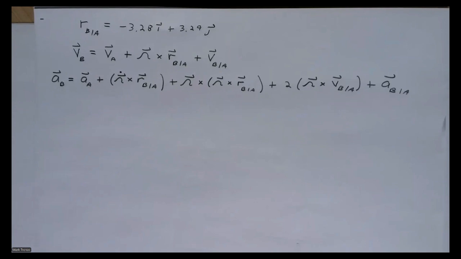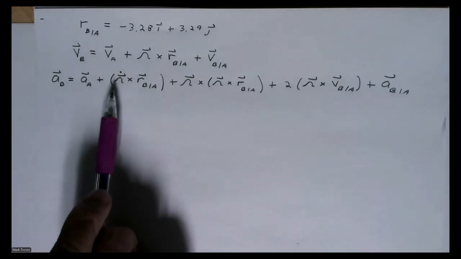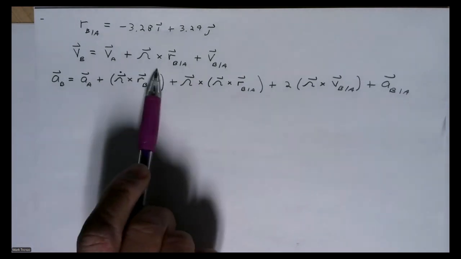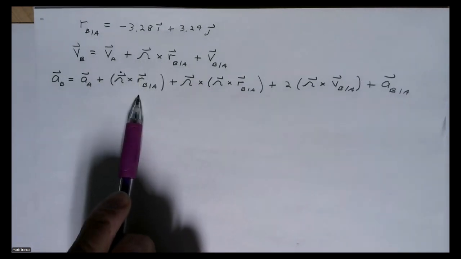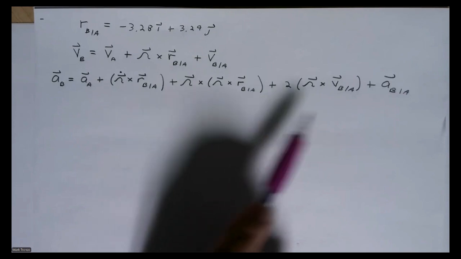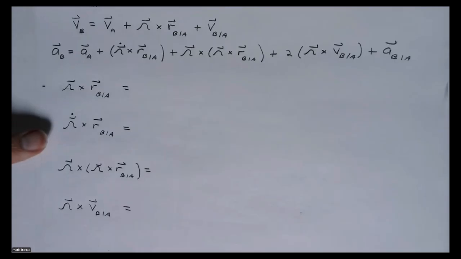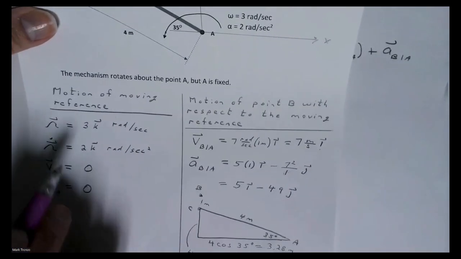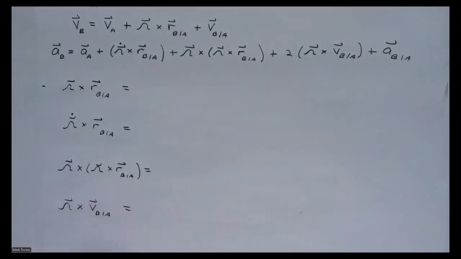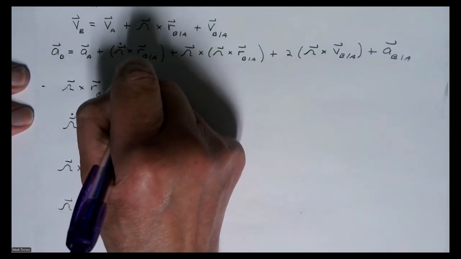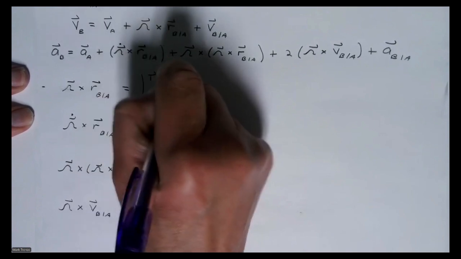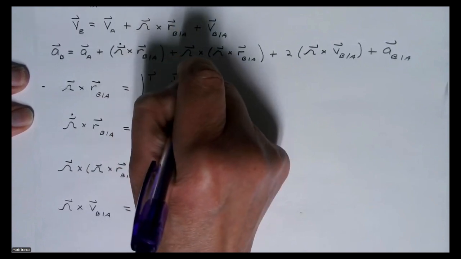Again, before you start calculating, it's good to have your equations in front of you or have them in mind. So if we look at our equations, we're going to need these cross products. So let's actually write these down and set them up. We have the angular velocity of the moving reference, which is 3K. So I'm going to just go right here and put them in.